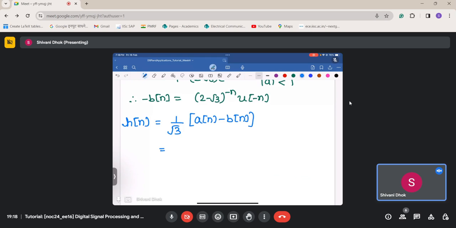So this a of n we had found out as (2 minus root 3) to the power n into u of n minus 1, and this minus b of n is (2 minus root 3) to the power minus n into u of minus n. So this is our h of n.